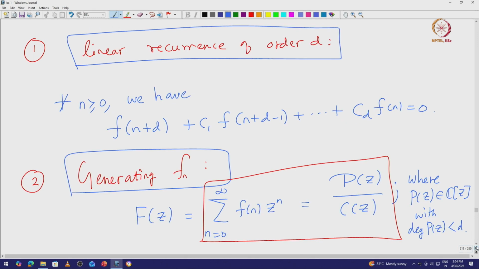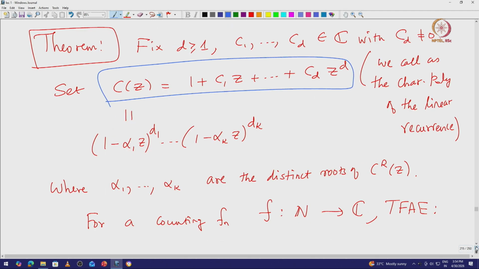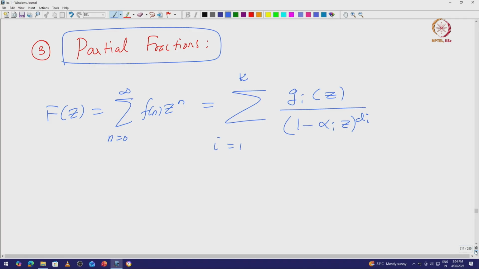Note that there are k distinct roots, and alpha 1 etc. alpha k are the distinct roots of the reflected characteristic polynomial of that linear recurrence. Here these polynomials g i of z, as before, have degree strictly less than d i for i ranging from 1 to k.